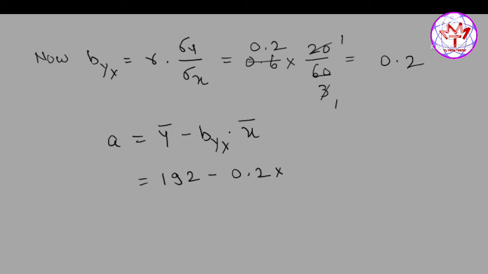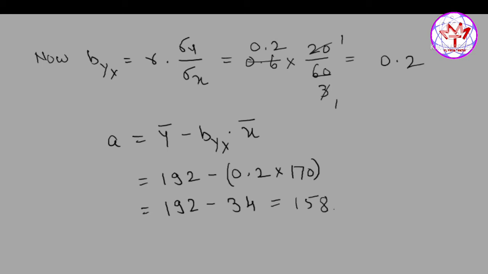X bar is 170. So we get 192 minus 170 into 0.2 will be equal to 34. So 192 minus 34 is equal to 158.